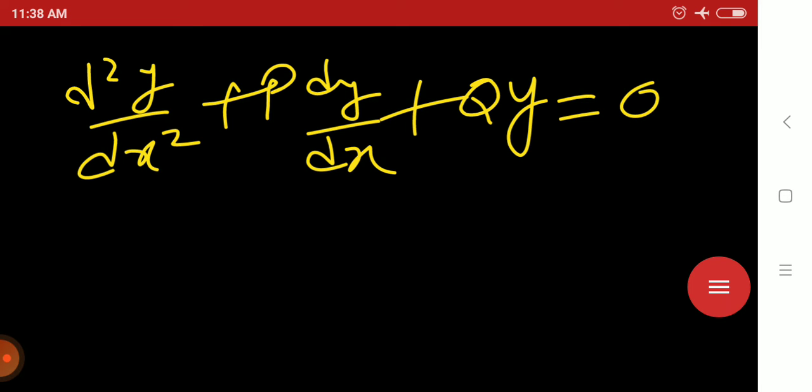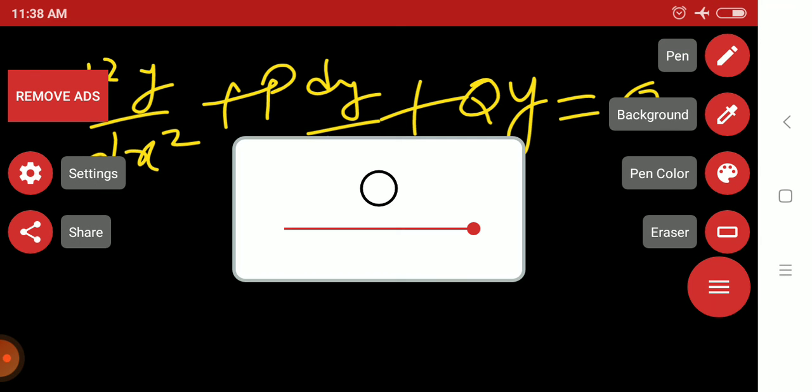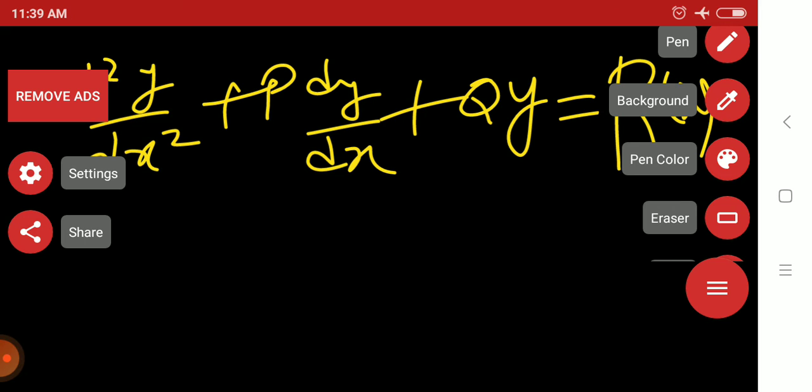Corrected, it will be r of x. So d2y by dx square plus p dy by dx plus qy equals r of x.